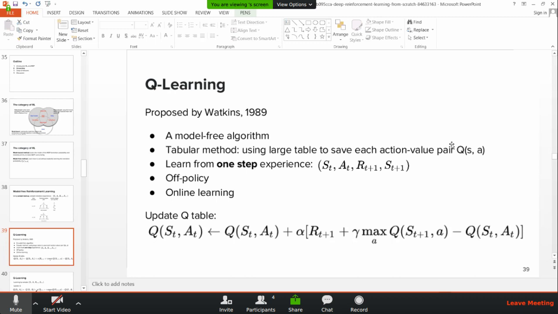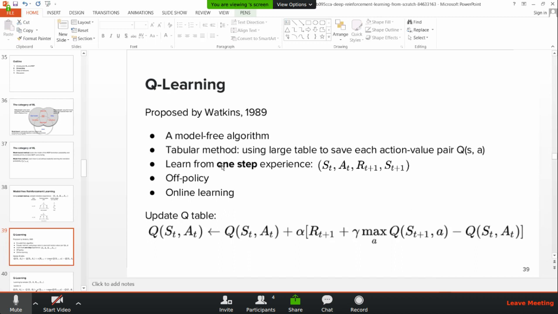So for every action you have some corresponding Q value. That Q value is nothing but reward. This is model free, right? We don't have the reward; when we interact, we'll get it.